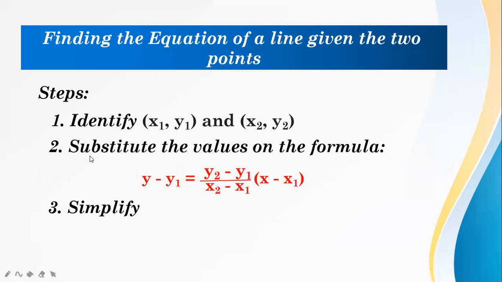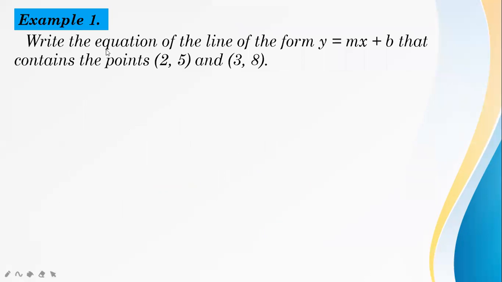Second step, substitute the values on the formula. So this will be the formula: y minus y sub 1 equals y sub 2 minus y sub 1 over x sub 2 minus x sub 1, then multiply to the quantity x minus x sub 1. Then number 3, simplify. We have the given example.